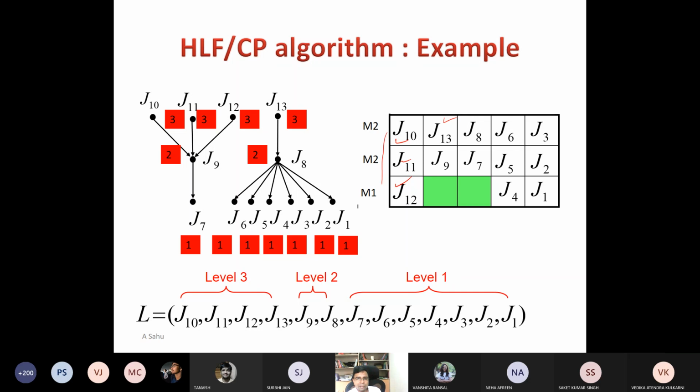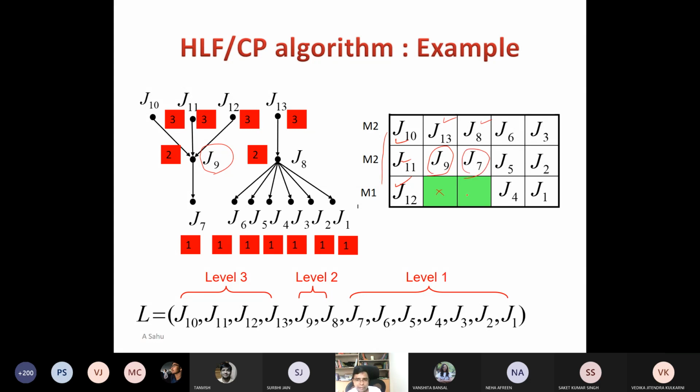Once you finish J10, J11, and J12, then only you can go for J9. So J9 is assigned. Once you finish J13, then only you can go for J8. What is J7? Once you finish J9, then only you can execute J7.